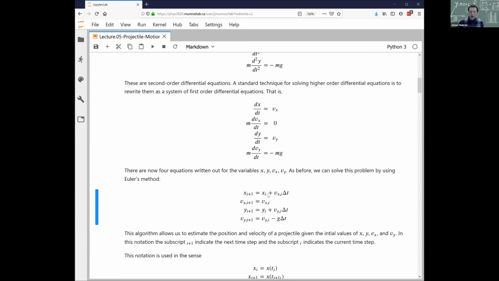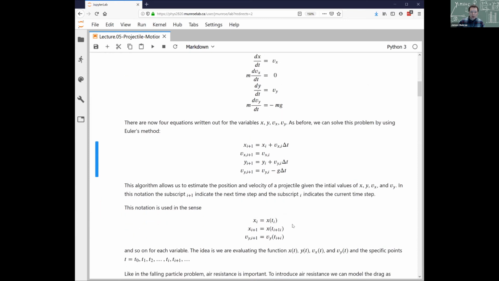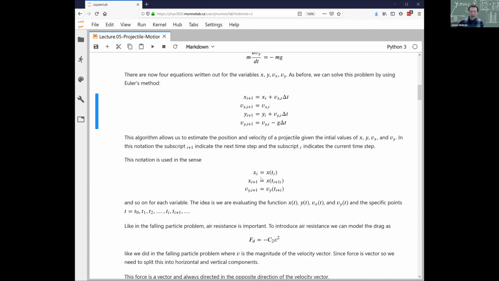These i plus 1s and i's are helpful, especially as we get to more advanced numerical methods, which may depend upon both the previous time step and the previous to previous time step. In terms of notation, x_i just means evaluate the function at the time t_i. x_{i+1} means evaluate the function at the time t_{i+1}, and so on.